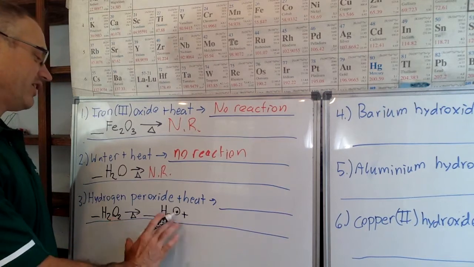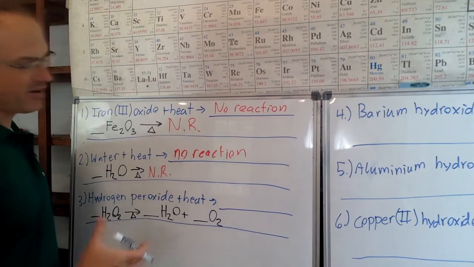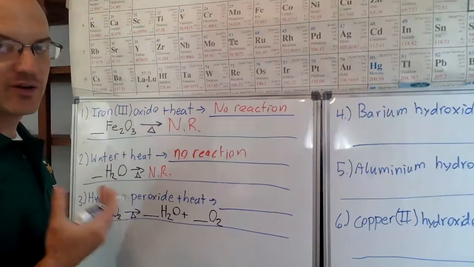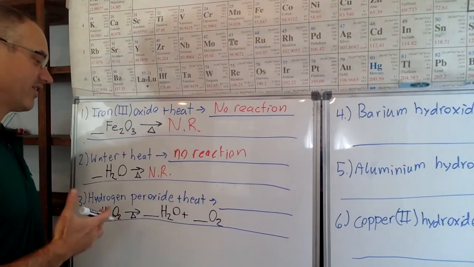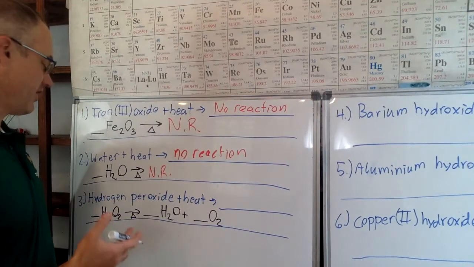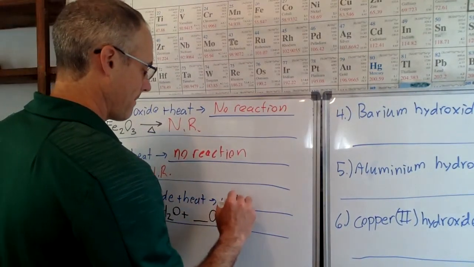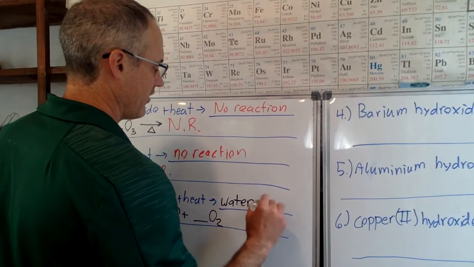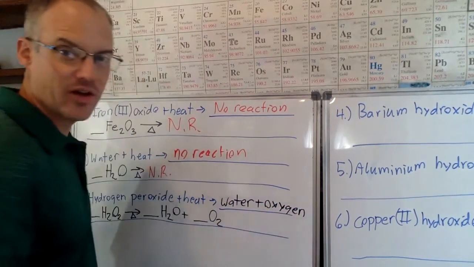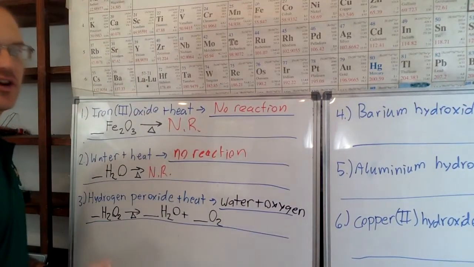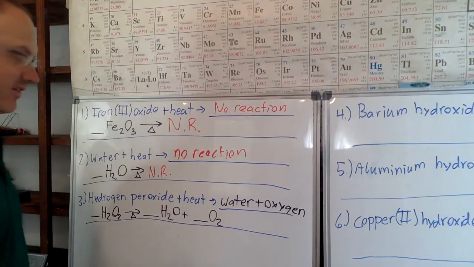So it will break off, forming water and oxygen gas. The oxygen gas bubbles up through, and you can test that with a splint to relight it to show that it does in fact have oxygen that's being generated. So this is creating water and oxygen. That's a typical decomposition reaction where it's creating two or more products from a single reactant, okay?